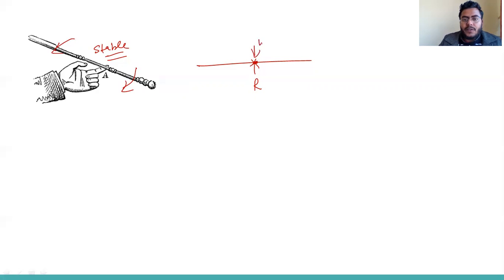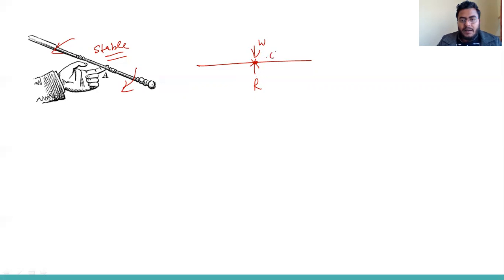It means the total weight of this rod acts at the center of gravity. If the center of gravity coincides with the point of contact, we will not get any couple moment. We will not feel any moment, so this will be stable.